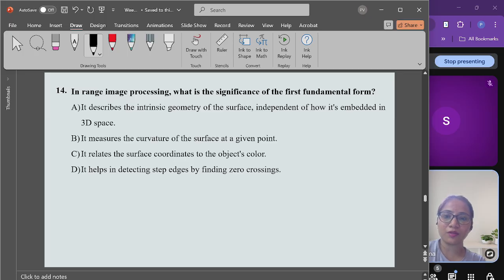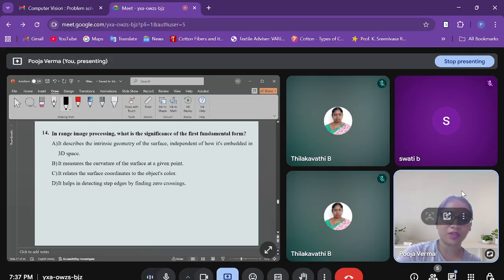Option C is, it relates the surface coordinates to the object's color. Option D is, it helps in detecting step edges by finding zero crossings. So which option can be the correct one? In range image processing, what is the significance of the first fundamental form?